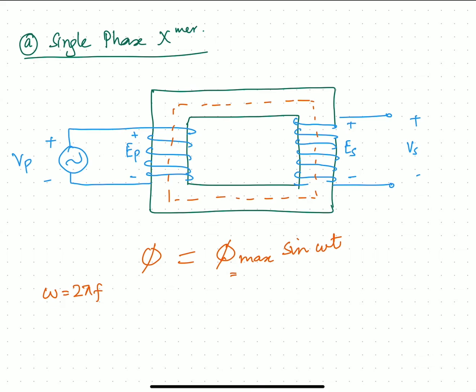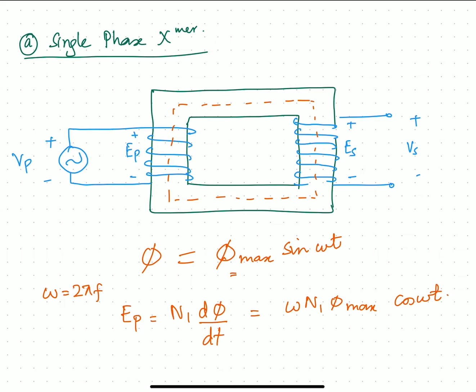So based on this flux, an EMF is induced in the primary, which is denoted by EP, and it is equal to the number of turns in the primary times the derivative of the flux. So this can be written as omega n1 phi max cos omega t.